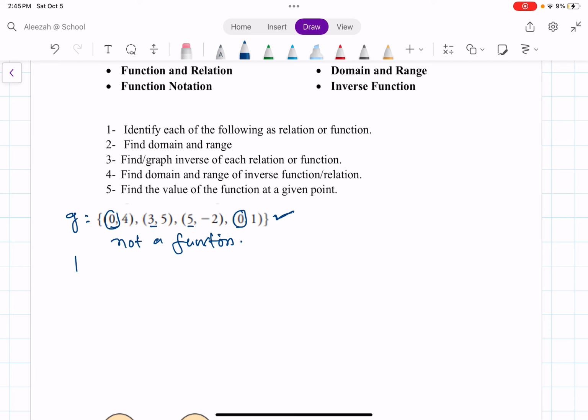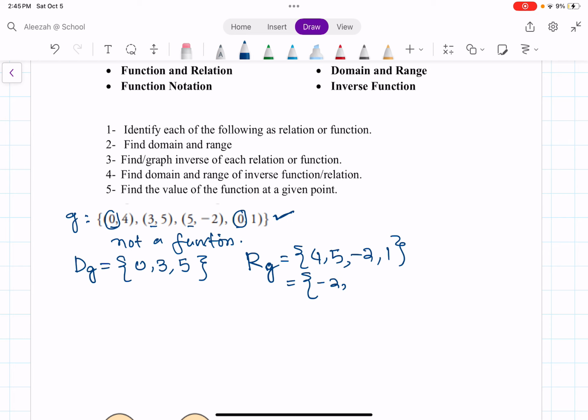The domain of G will be 0, 3, 5, and the range of this relation will be 4, 5, -2, and 1. Normally it's better if you write the range or the domain in order from least to greatest. I can write -2, 1, 4, and 5.